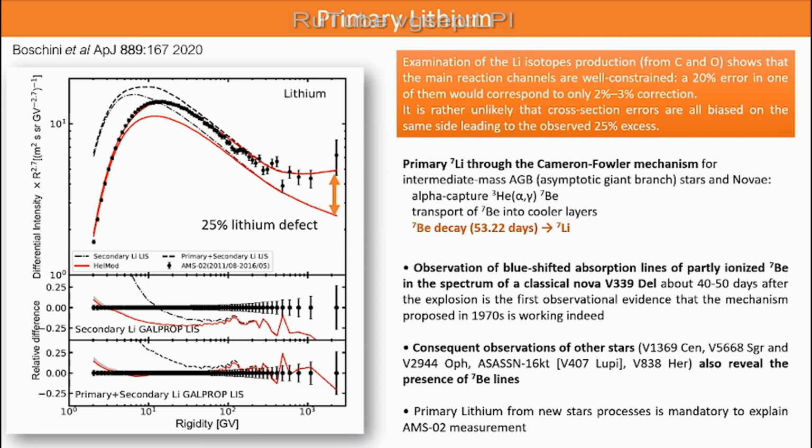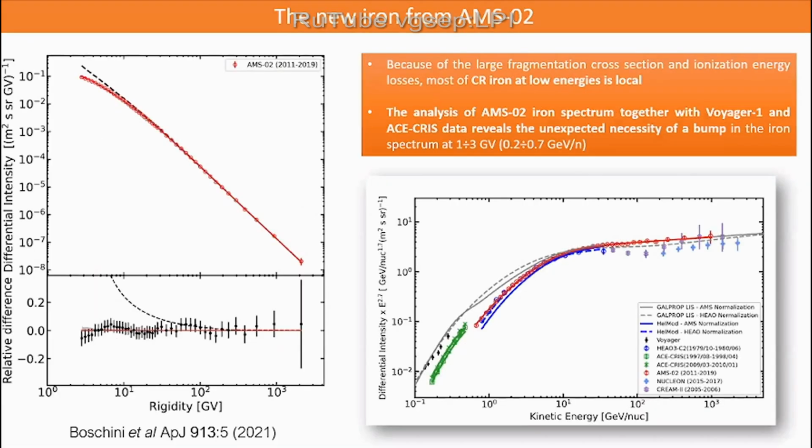And in fact, the observation of blue-shifted absorption lines of beryllium-7 in the spectrum of some novae, such as V339 Del, about 50 days after the explosion is basically the first evidence of this mechanism, and then consequent observations of other stars also revealed this presence. So for what concerns this excess, we can say that primary lithium from novae is mandatory to explain AMS-02 measurements.